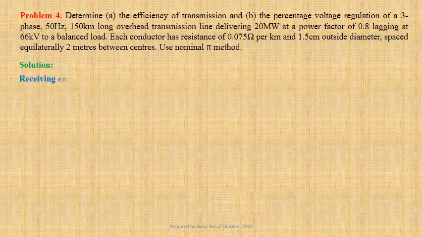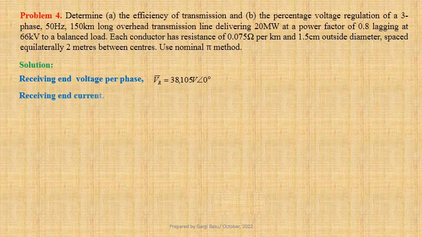Taking receiving end voltage per phase as reference, we can write VR equals 38,105 volt ∠0°. We have computed receiving end current IR equals 218.7 ampere ∠-36.8699°.